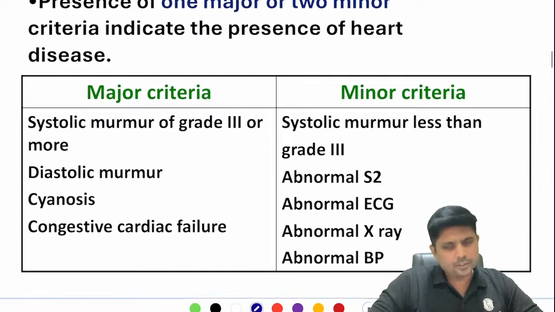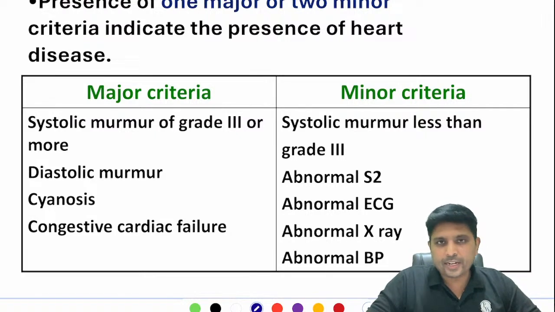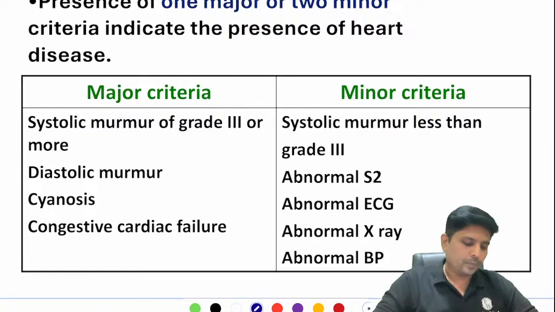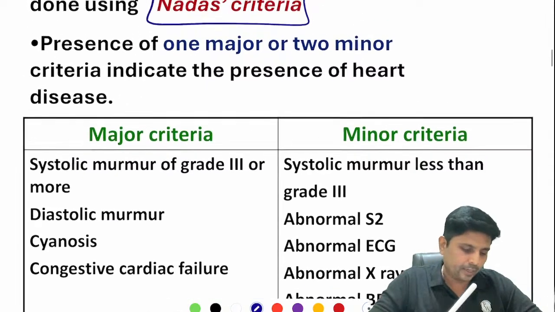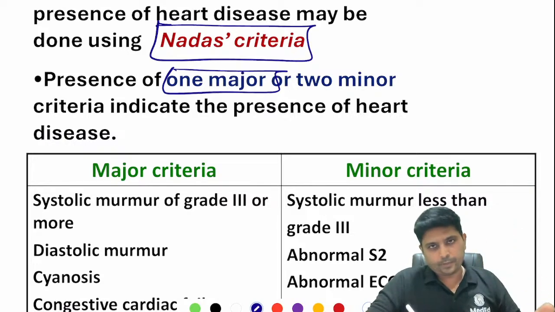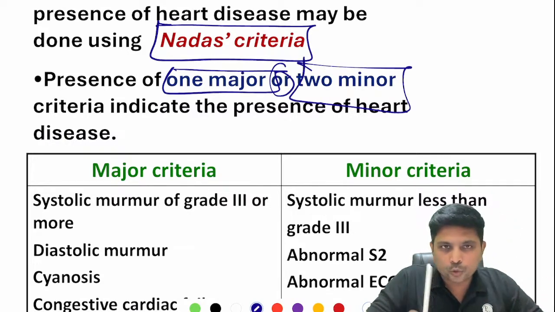So what do you mean by this criteria? Without taking an echo, how do you confirm that the child has some kind of congenital heart disease? There are major criteria and minor criteria. Nadas says that you need to have one major criterion or two minor criteria. Nadas criteria is a short.